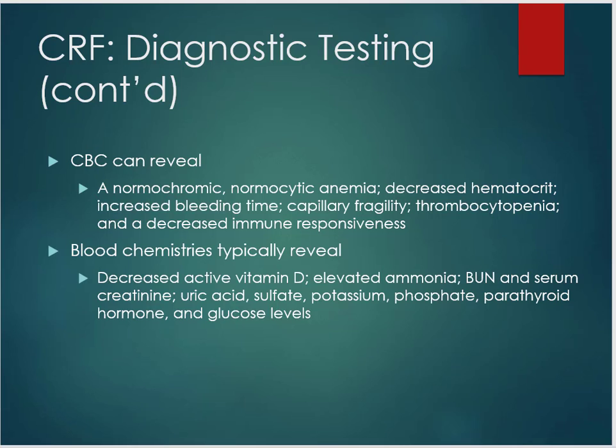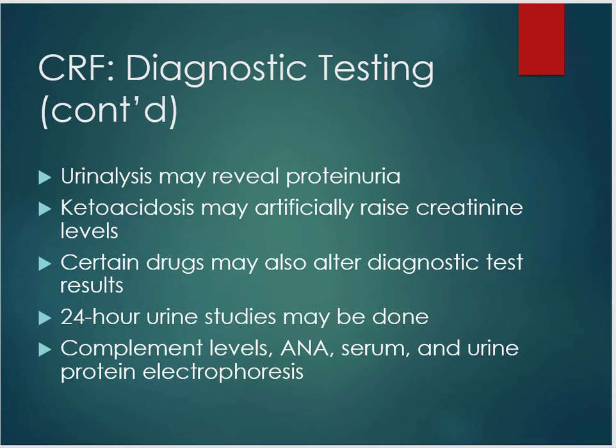Your analysis may be used to determine if you have proteinuria. Ketoacidosis, we know, can artificially raise the creatinine level, and certain drugs can also alter diagnostic tests. And these drugs may include Tagamet and cefazolin. You may want to complete a 24-hour urine study and then also check further labs.